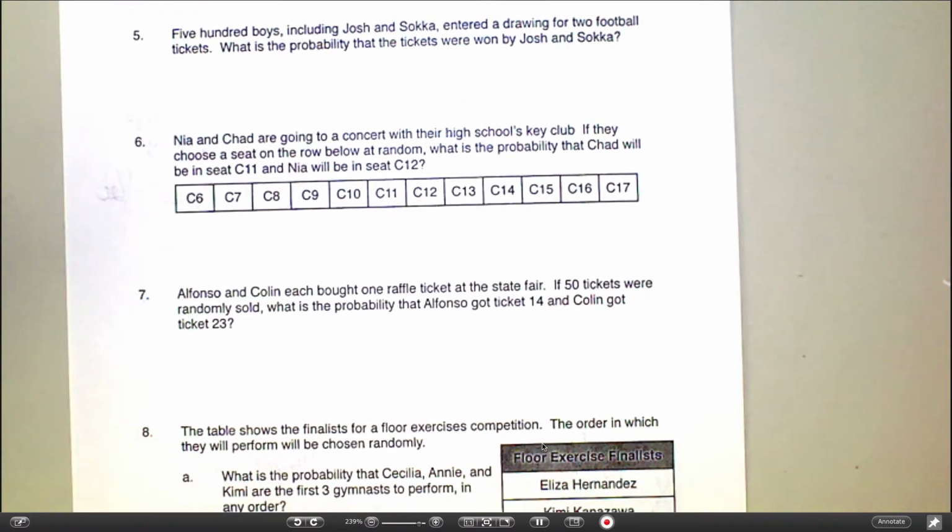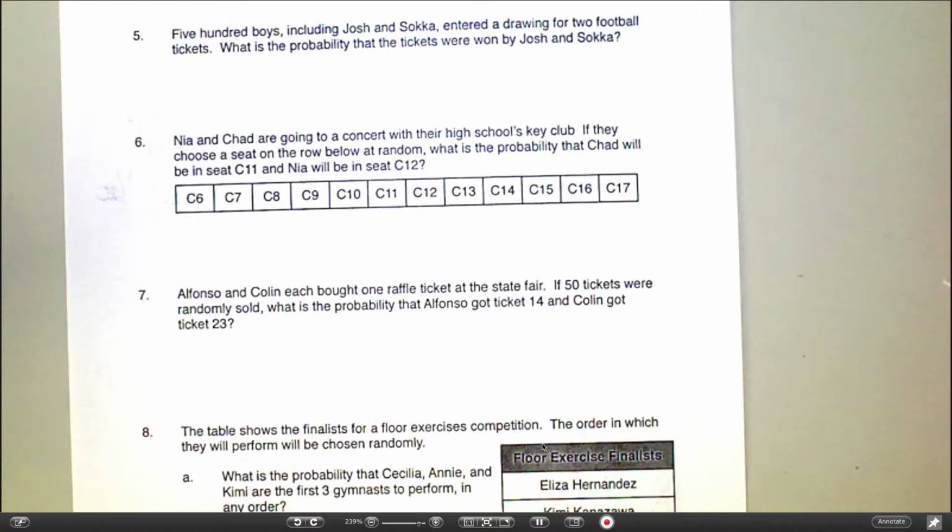Okay. 500 boys, including Josh and Saka, entered a drawing for 2 football tickets. What is the probability that those 2 boys won the tickets? Is this a permutation or a combination? Why? Okay, so it doesn't matter if we pull Josh's name first and then Saka's, or Saka's name first and then Josh, because they're both winning football tickets.